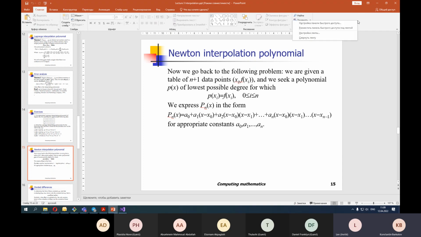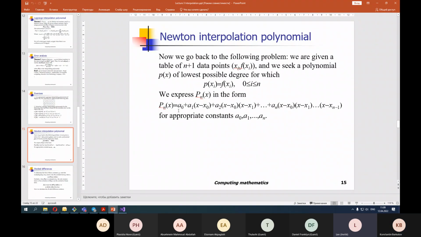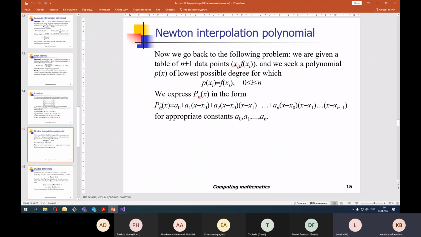Pn equals a0 plus a1 times (x minus x0) plus a2 times (x minus x0)(x minus x1), and so on, an times (x minus x0)(x minus x1), and so on, (x minus xn minus 1).